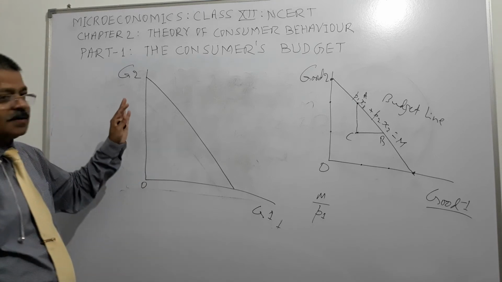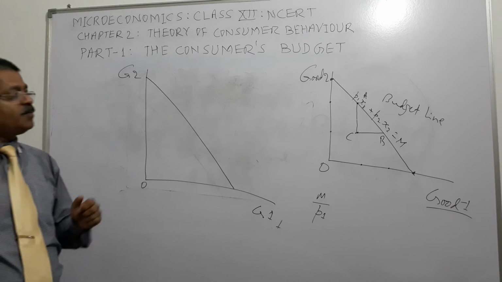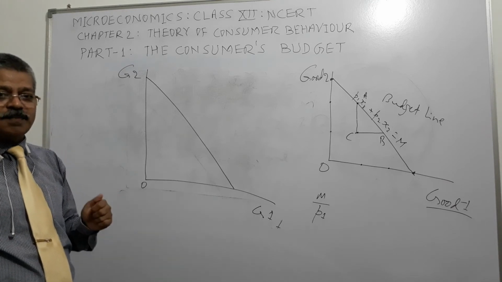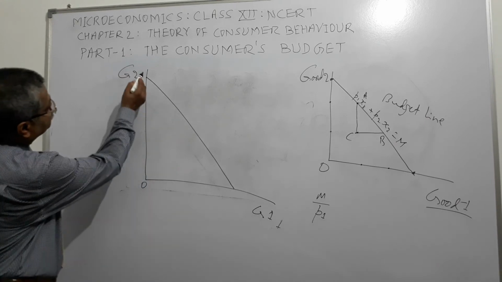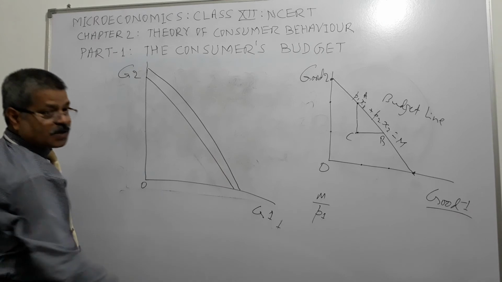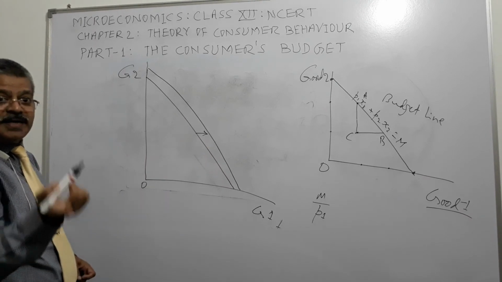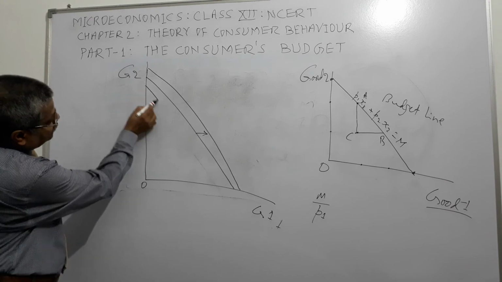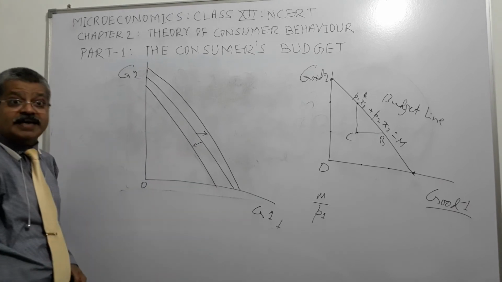Or let us take that my income changes. When my income changes, what happens? If my income is more, this budget line moves outward. If my income becomes less, my budget line moves inward, I can buy less.